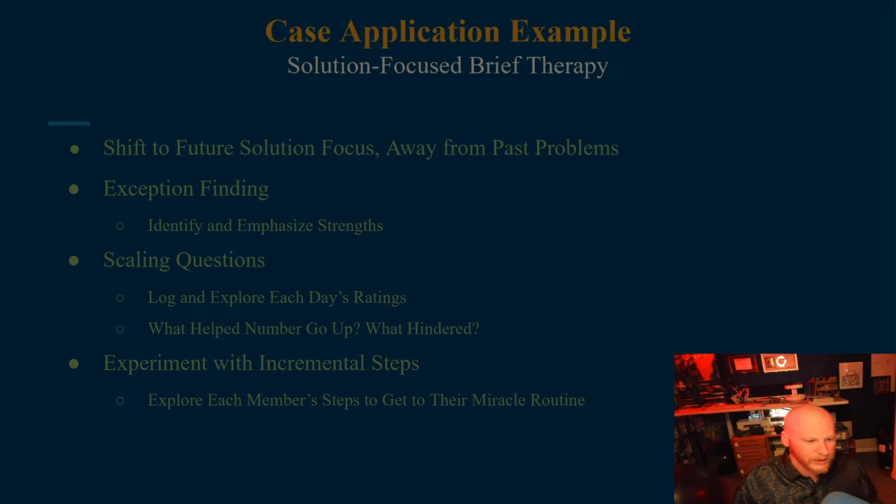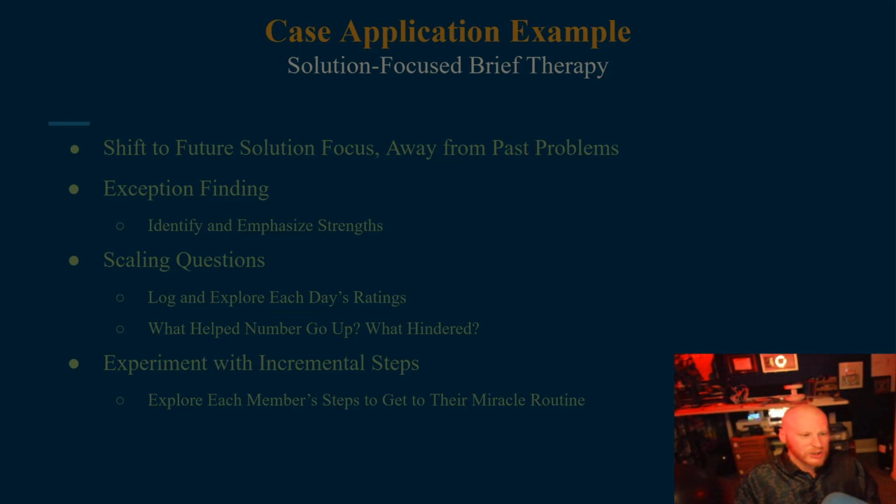So it's exploring each member's steps to get to their miracle routine. It's not only asking the mother what her miracle would be, but asking the father what his preferred miracle would be, and the son, how would he want to do his homework? It doesn't seem like this is more of a reality therapy, but it doesn't seem like these family members are negotiating.